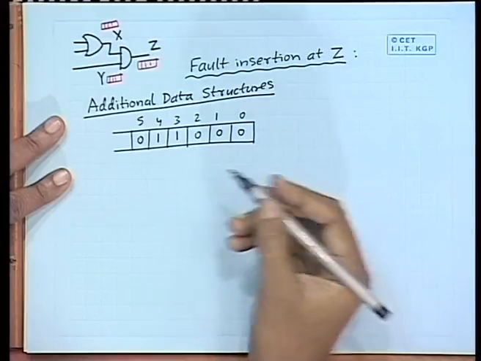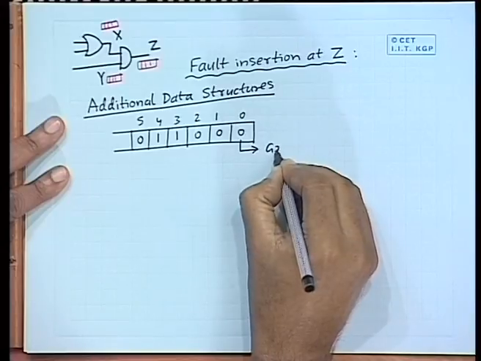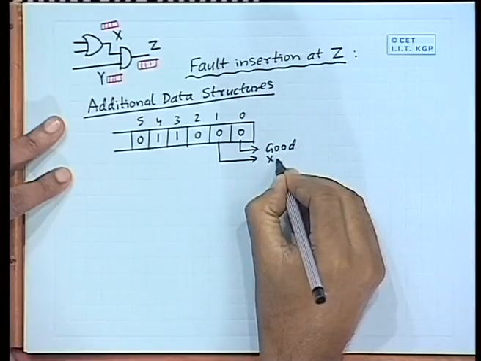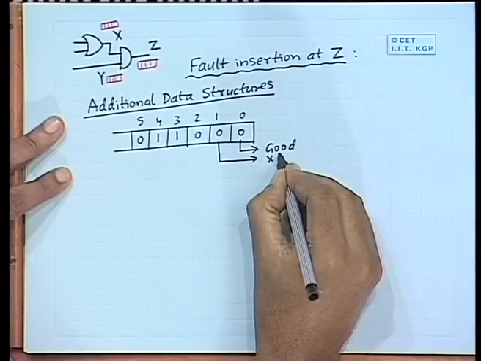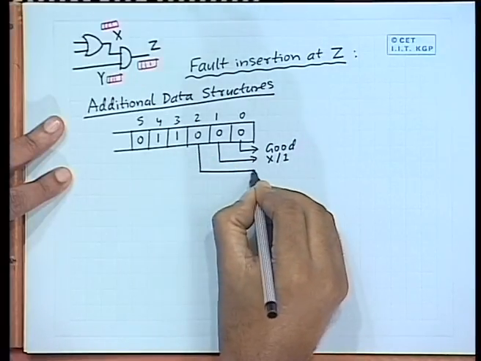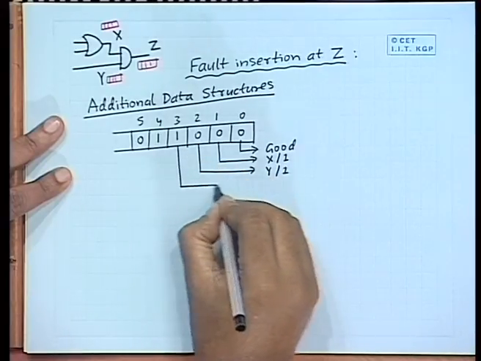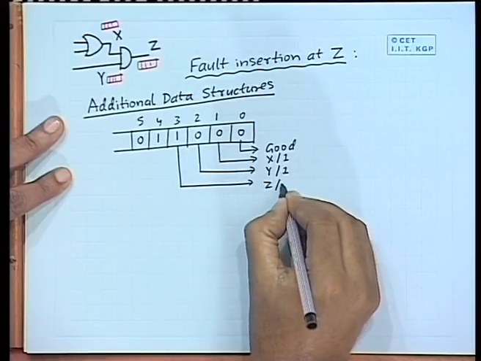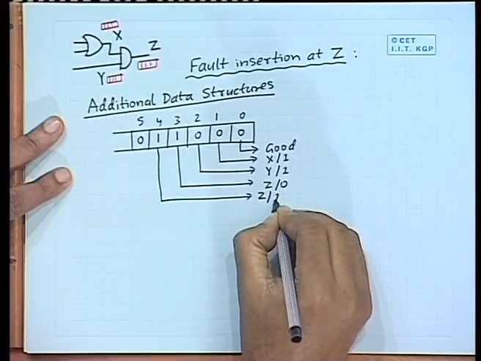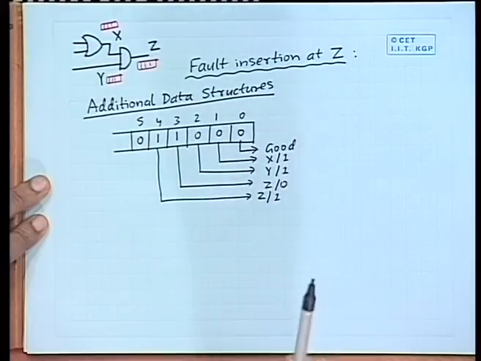Just taking an example, suppose the first bit indicates the value for the good circuit, the second bit is the value for the fault X stuck at 1. Sometimes we also write like this, X/1 means stuck at 1. This is for say Y stuck at 1. This is for Z stuck at 0. This is for Z stuck at 1 and so on. So, X and Y stuck at 0 have been collapsed, so they do not appear.